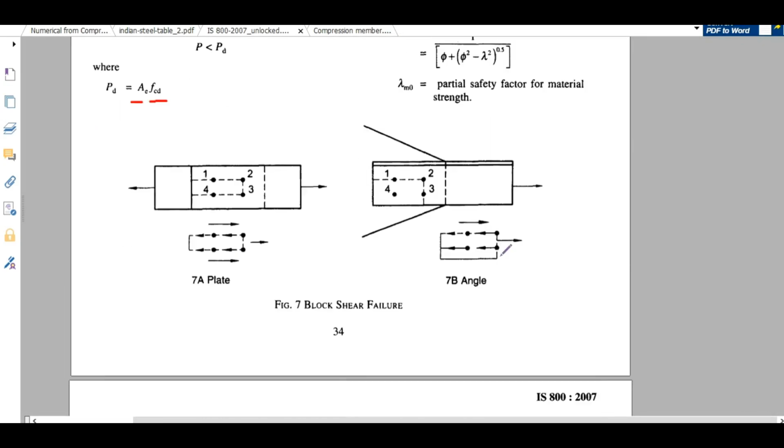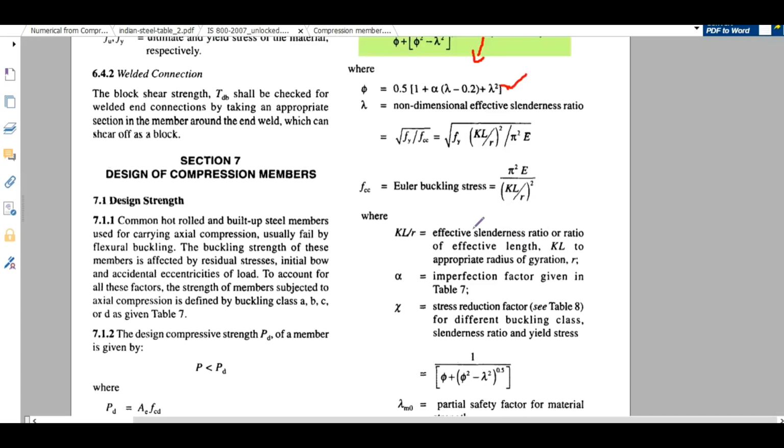So it is Fy by FCC to the power half, which you can get right from the equation, and FCC is nothing but the Euler buckling stress. You will get it from this equation, and you know what KL by R is: the effective slenderness ratio.